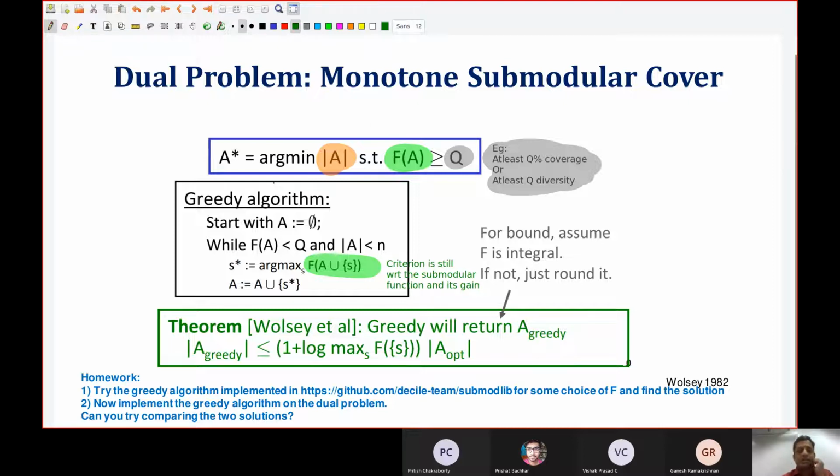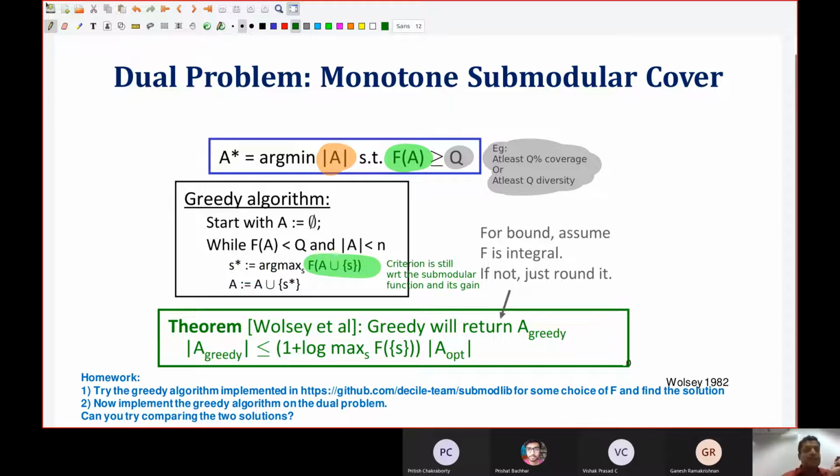You're finding that S star which gives you the maximum gain over A. You can put a minus A, but that doesn't matter because A is fixed. In theory, this greedy will return an A greedy whose size is smaller than or equal to some 1 plus log of the max over singleton sets S of f(S), times the size of the optimal A.